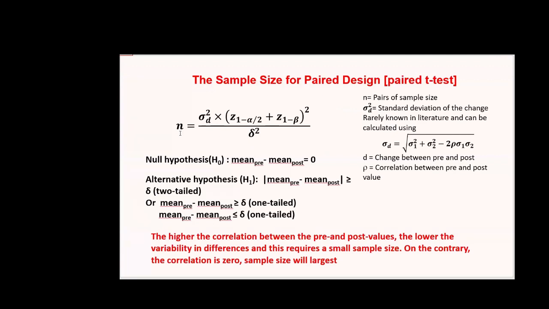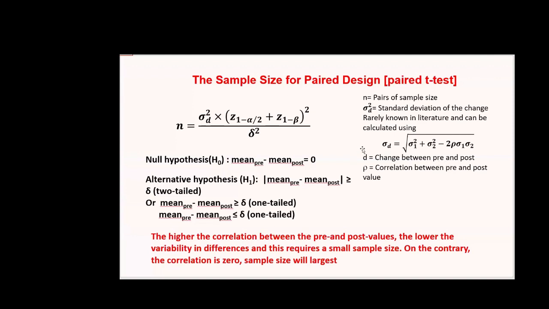But the problem is that in the pair design, there is not much information available for the standard deviation of change. Generally, in articles, you don't find the standard deviation of change. So how can you compute the change?